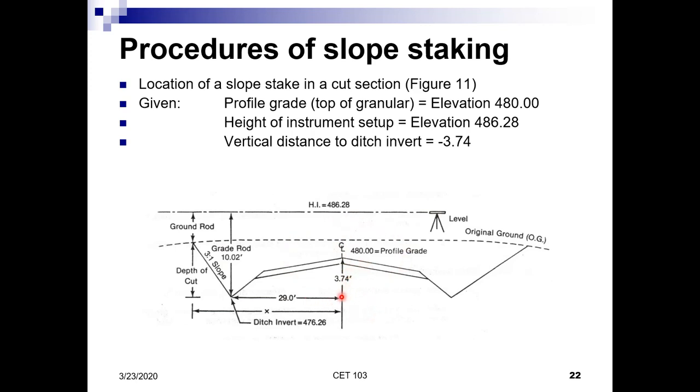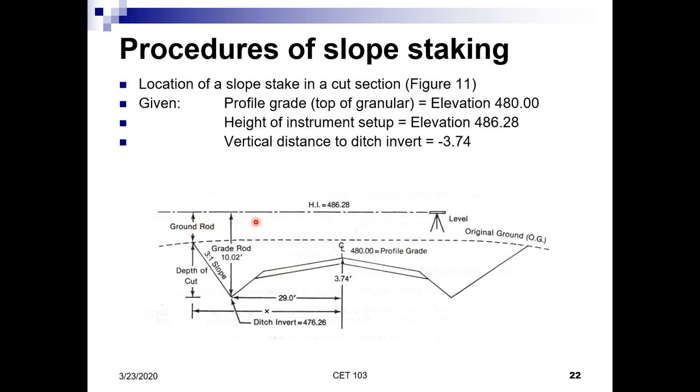I note that the distance from the center line to the ditch, or the lowest point on the roadway, is 29 feet. So I know I have to go at least 29 feet. Then there's also a 3-to-1 slope in a cut section to decide where it would tie into the existing ground. So we know we have to be at least 29 feet to the left, or potentially more.